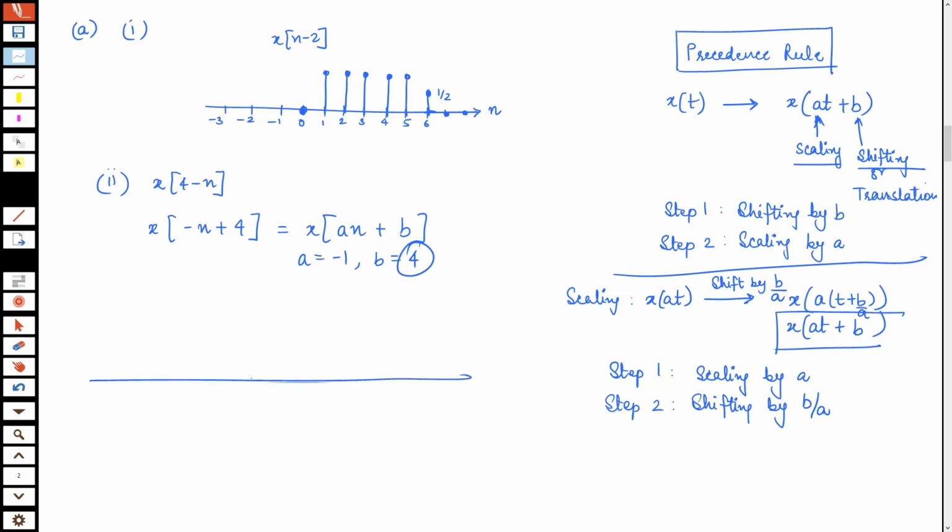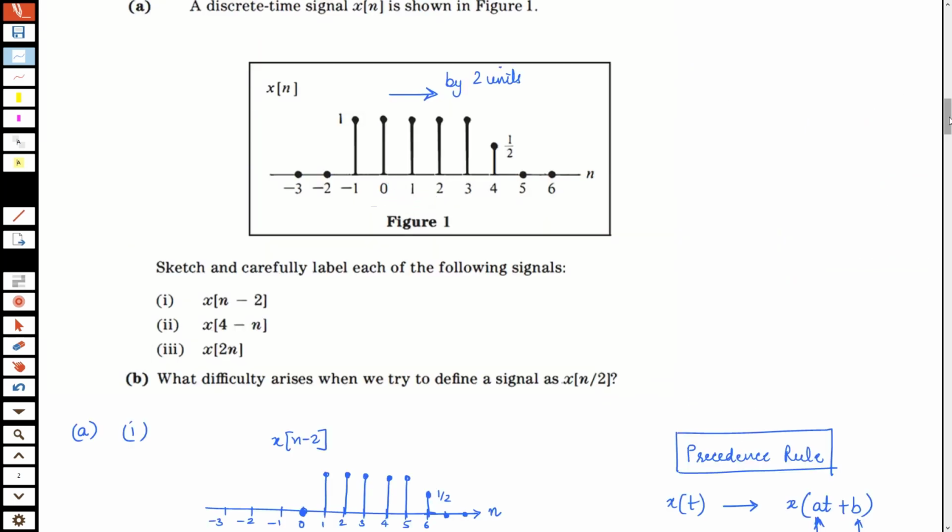Okay, so let me draw it. Okay, so minus 1, 2, 3, it had values all 1. So now if I want to first shift this, remember that I'm shifting not by minus 4 but by plus 4. That means I need to shift this whole signal to the left side by 4 units. That means whatever was at 0 should go to minus 4. Whatever was at 4 should come to 0.